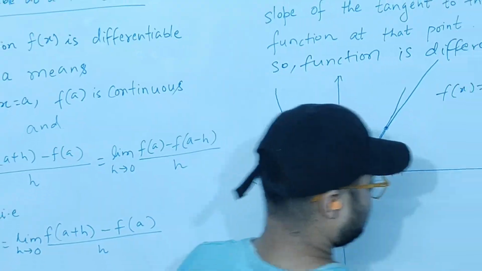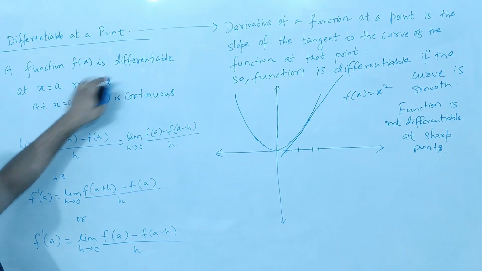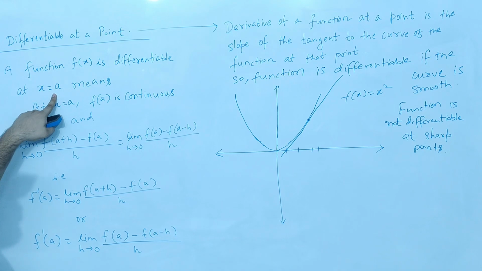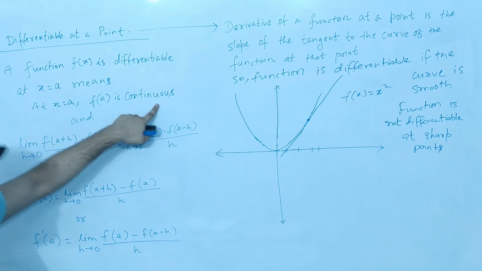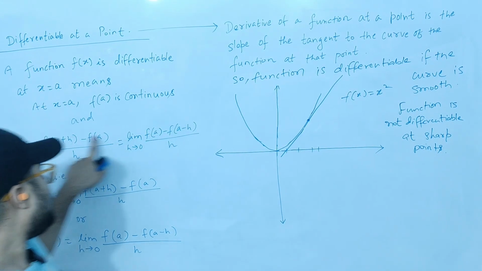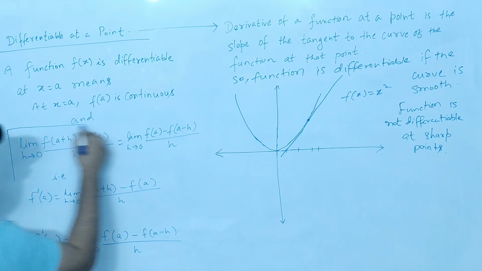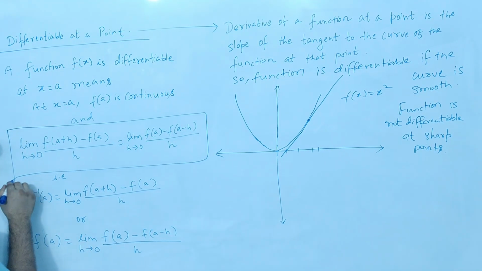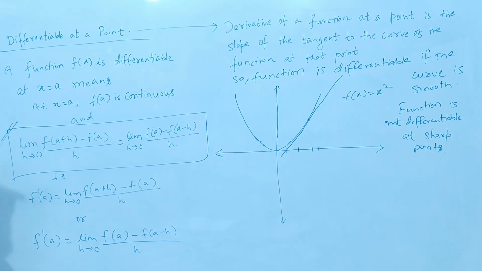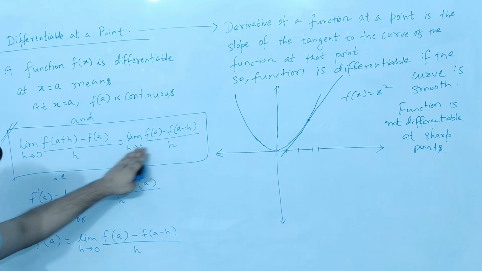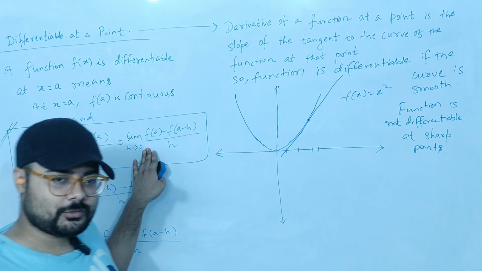Differentiability at a point: a function f of x is differentiable at x is equal to a means that it is continuous at that point first, and this condition holds. What is this condition? What is this limit?